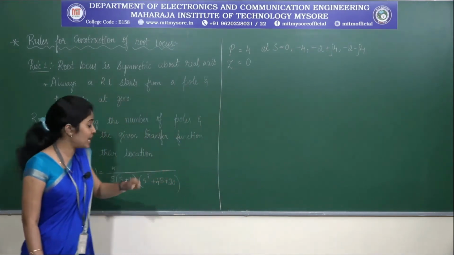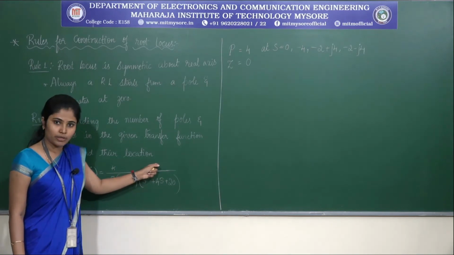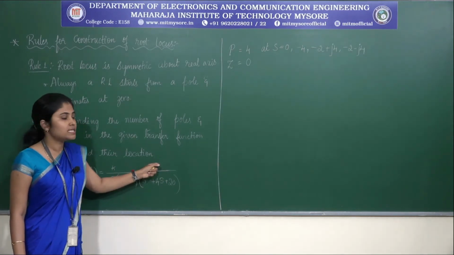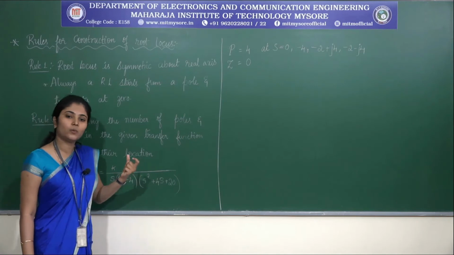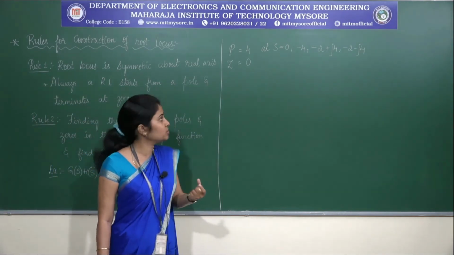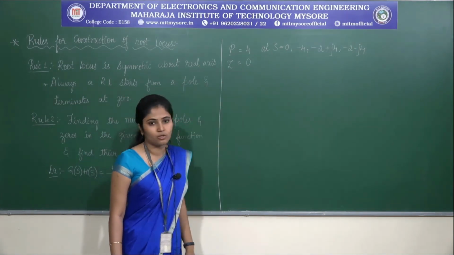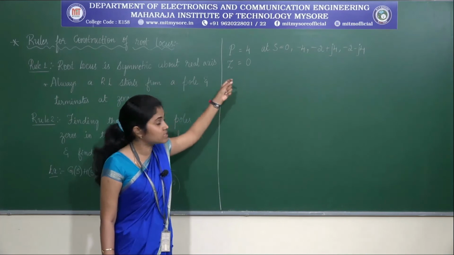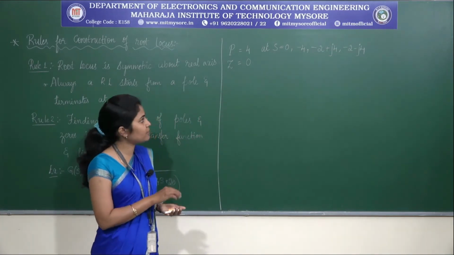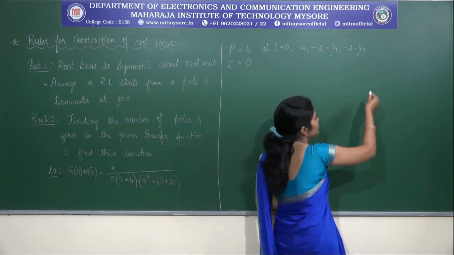Similarly, if we had any zeros, that is if we had any term in the numerator of the given transfer function, in the similar way I need to equate those terms to 0 and find out the roots, that is the value of S. Here we don't have zeros, so Z is equal to 0. Now if I plot the same thing on S plane, how can I draw that?